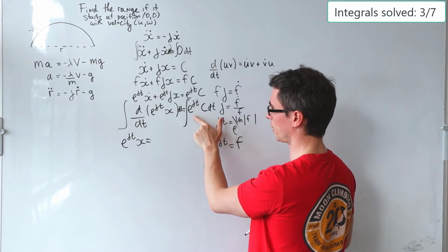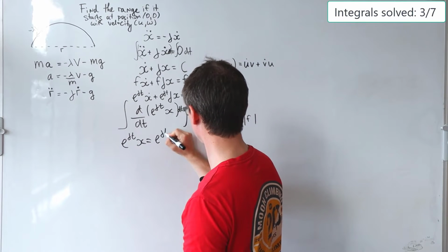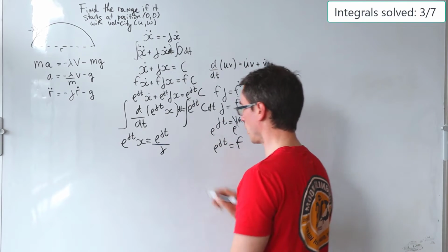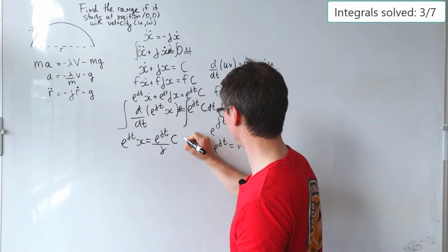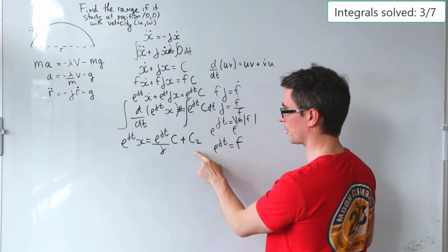And this will be given by the integral of this function, which is just going to be e to the gamma t divided by gamma times c, and then plus yet another constant of integration for this operation. I'm just going to call this one c2.